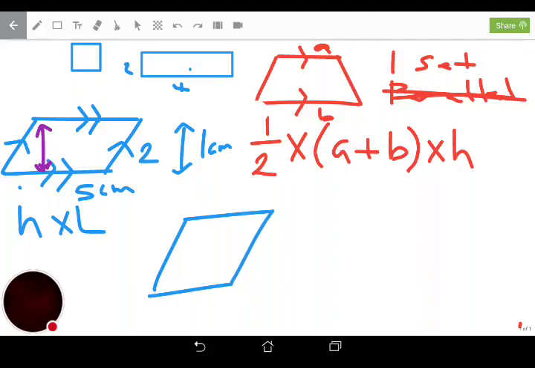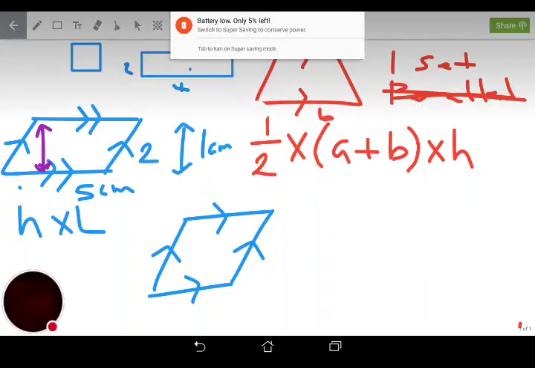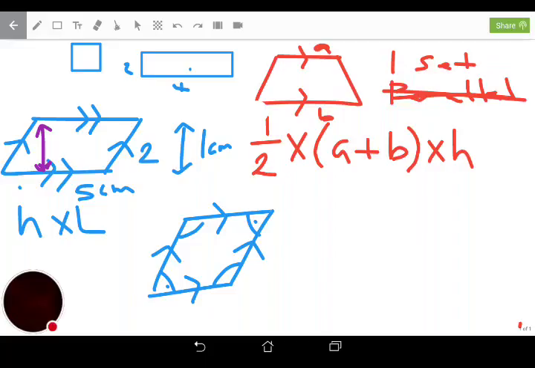All its sides are equal. And it's like the parallelogram as well, because its angles aren't 90 degrees. So the opposite angles here, this angle here and that angle there, are always the same. And that angle there and this angle, the two larger angles, are also the same as well.